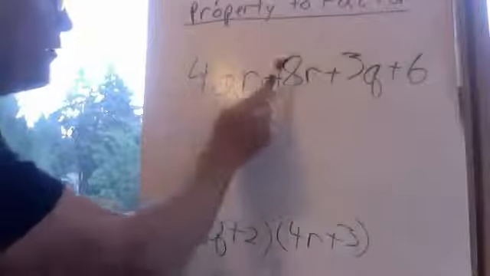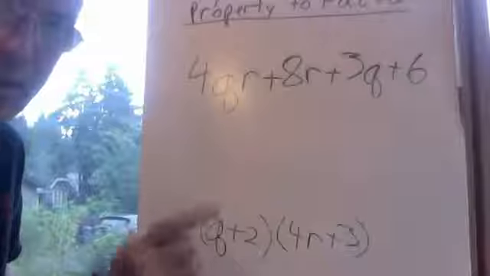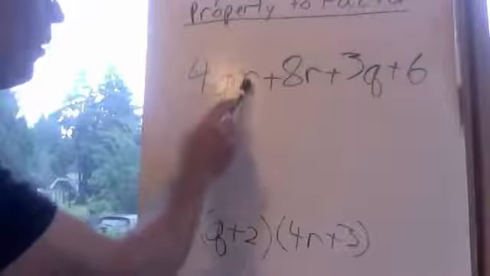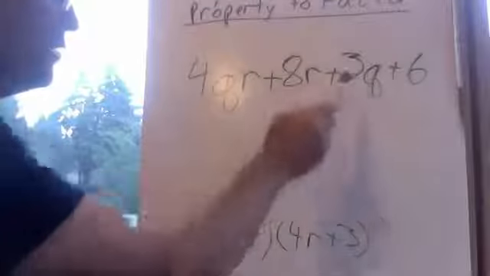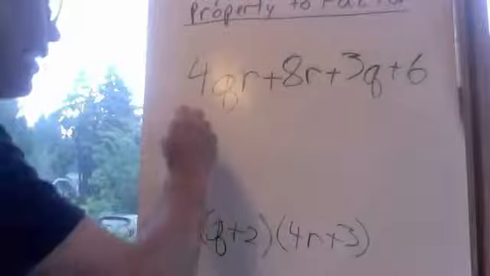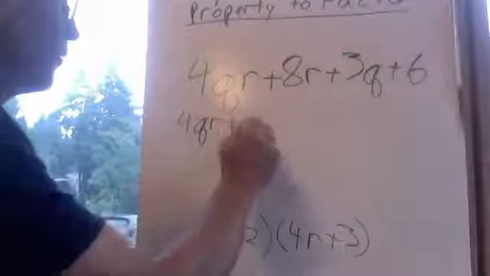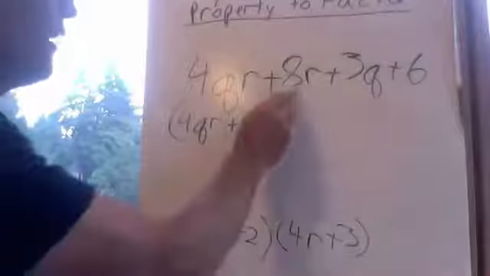We grouped these first two and those two. But you can group anything as long as they have something in common. What if we did 4QR and we grouped it with 3Q because there's a common Q? So let's try that. 4QR plus 3Q. And that leaves 8R and 6.